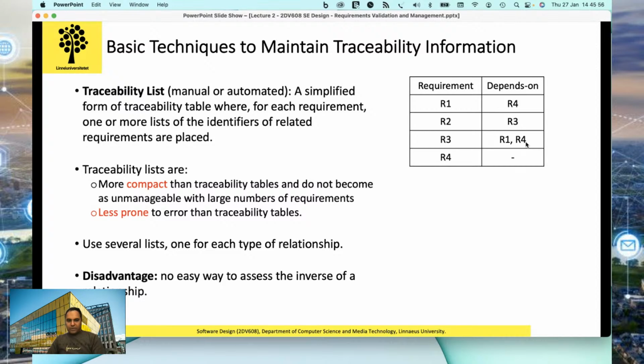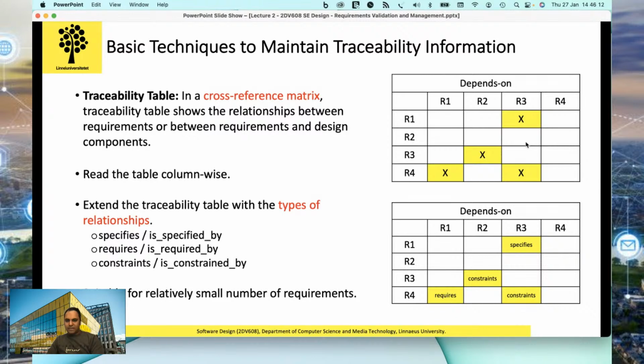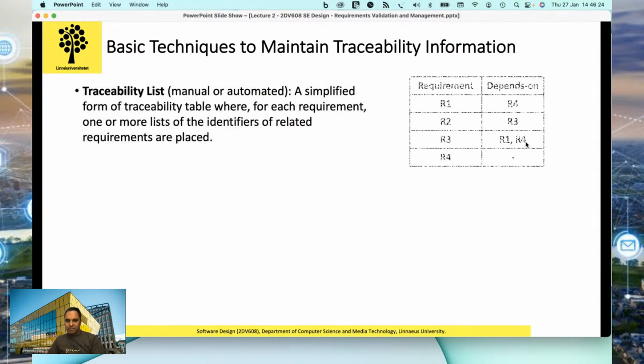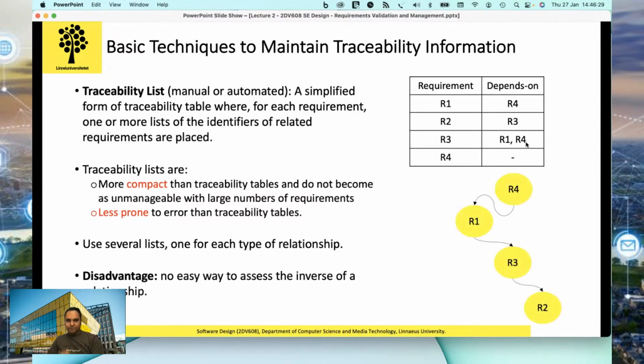Okay, I think I provided wrong information here. This traceability list is basically more problematic to find the inverse relationship. But the traceability table is easier, because if you find from R1 to R3, it should not be a problem also to find the reverse relationship from R3 to R1. But this traceability list has the problem of finding inverse relationships. Sorry.